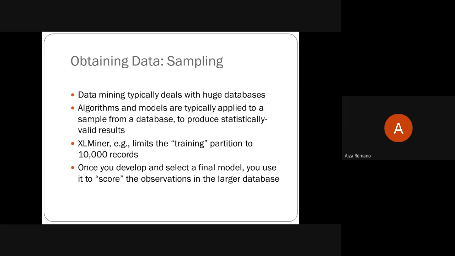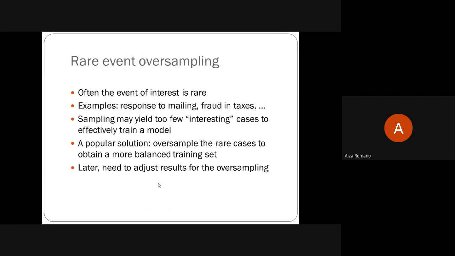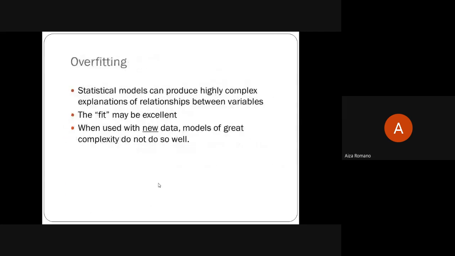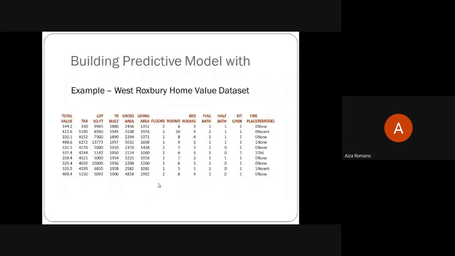Datasets are nearly always constructed and displayed so that variables are in columns and records are in rows. We will illustrate this with a sample dataset called West Roxbury. In West Roxbury, Boston, in 2014, there are 14 variables recorded for over 5,000 homes.